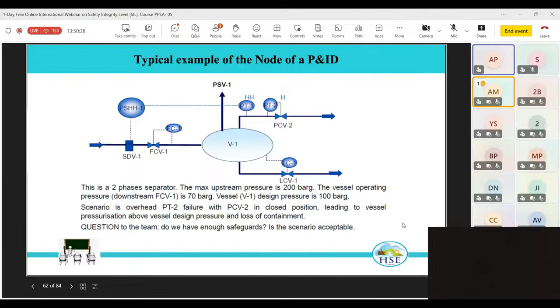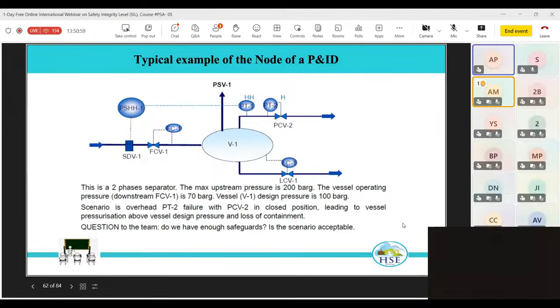Now, for answering this, let us try to do a very quick HAZOP. Because this is not an interactive session, I will explain a particular way the deviation is happening and what kind of safeguard we have to add to this. We will see.